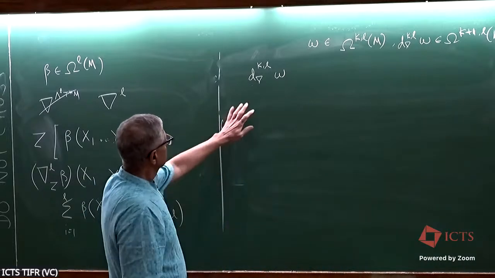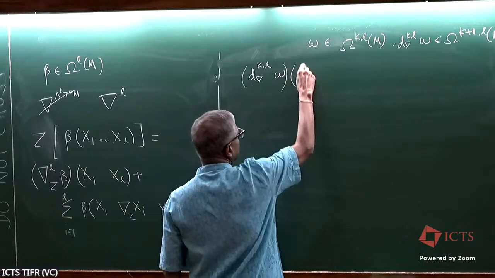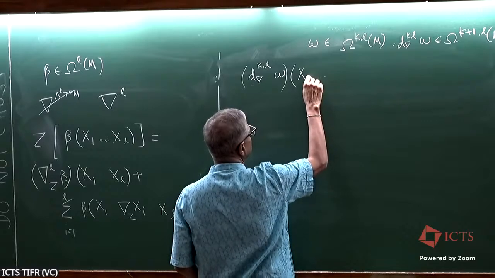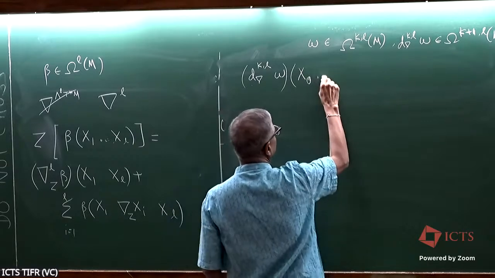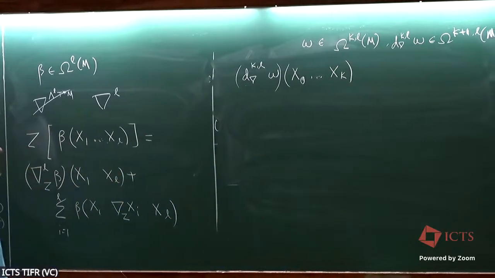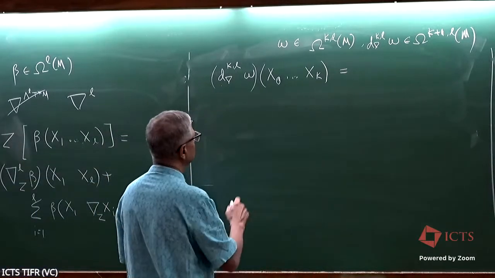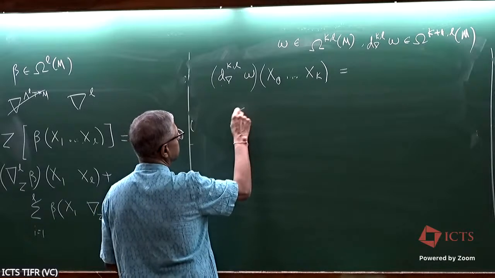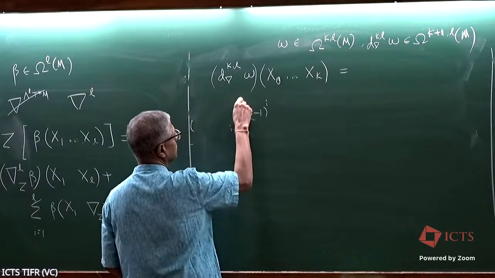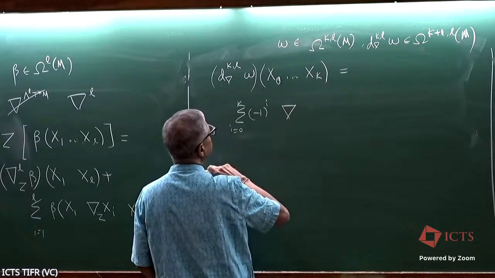And so its value on K plus L vector fields will be equal to the summation of minus 1 to the I, with I going from 0 to K. Now we can use the covariant derivative.